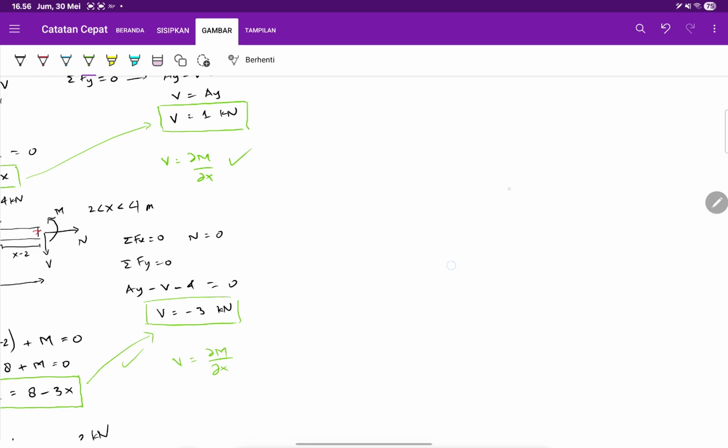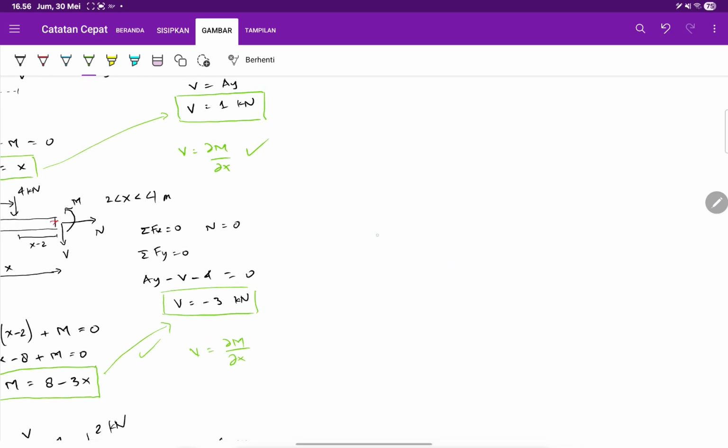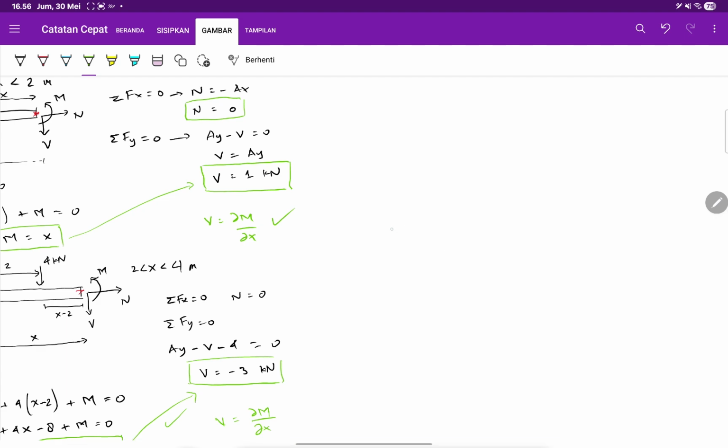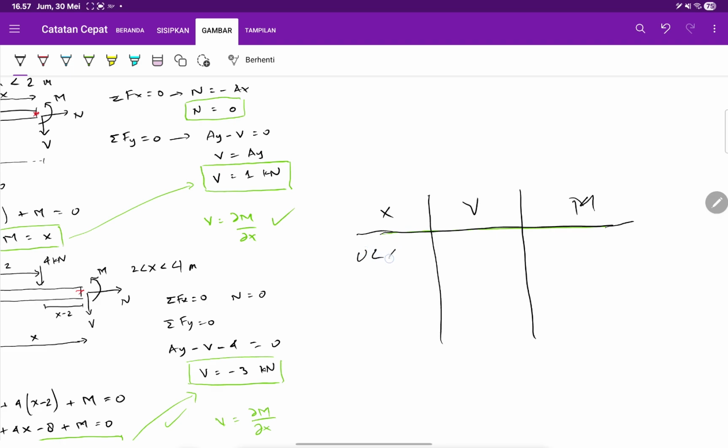So let's make a table now. Let's draw it, to make it clear: v, m, and x, from 0 to 2, 2 to 4, and 4 to 6.